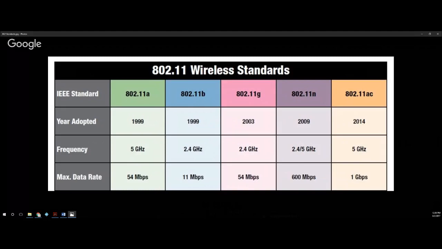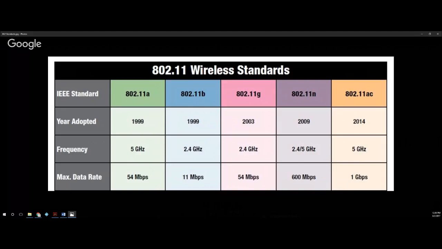Well, the frequency is going to be the difference here. A operates at 5 and G operates at 2.4 gigahertz. Now, 802.11b operates the slowest out of the options that you have in front of you at 11 megabits per second. And AC is the fastest at over 1 gigabit per second.